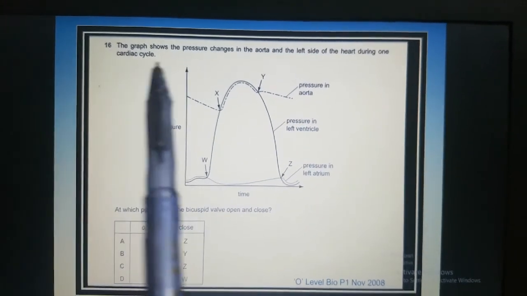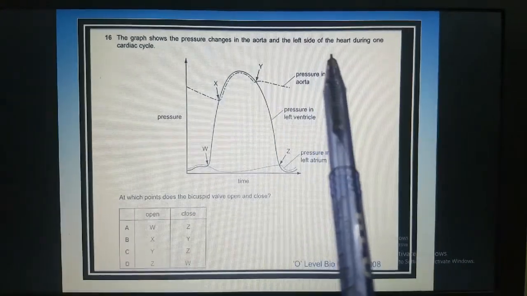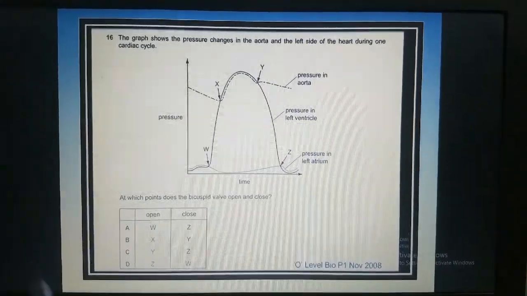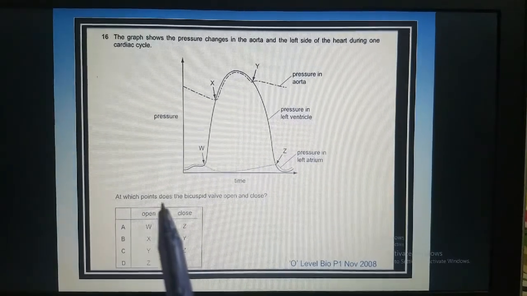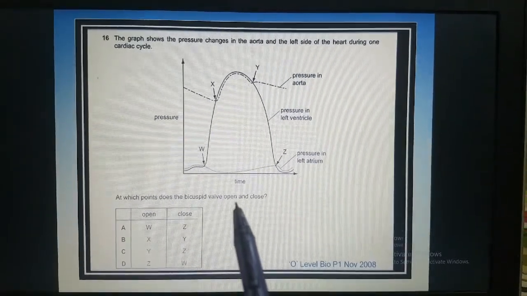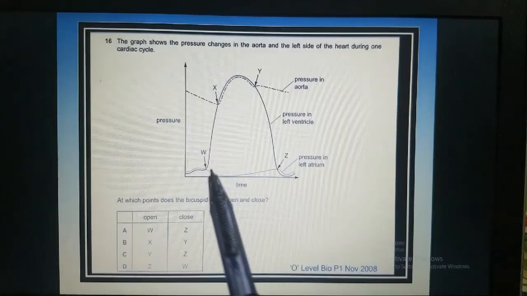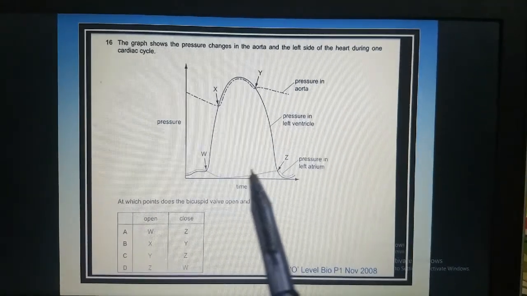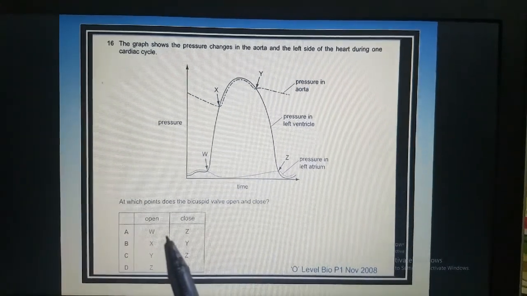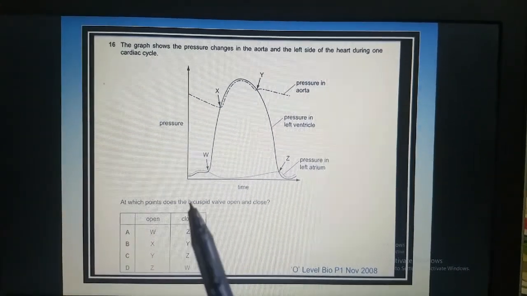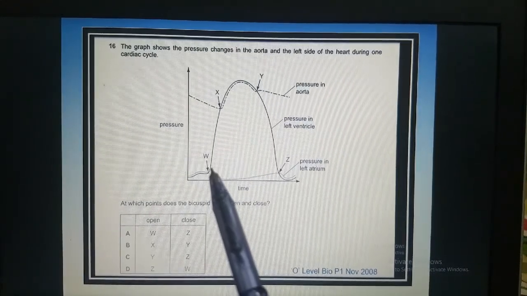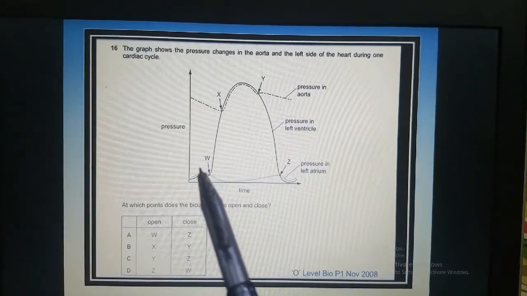They are asking about the pressure changes in the aorta and the left side of the heart during one cardiac cycle. Now, at which points are the bicuspid valves open and closed? You know these are the points where bicuspid valves, that is mitral valves, are closed.